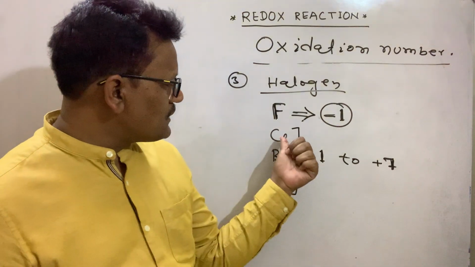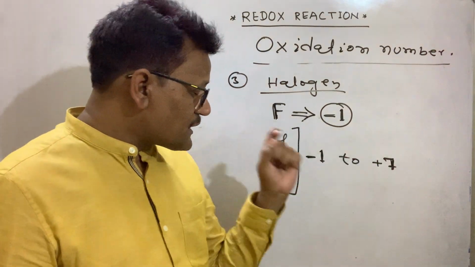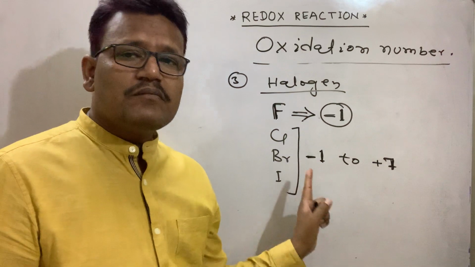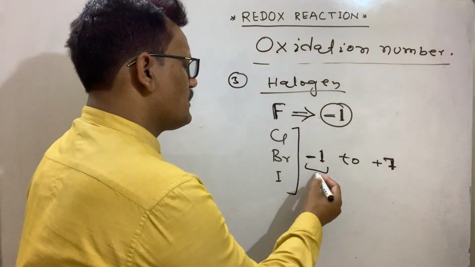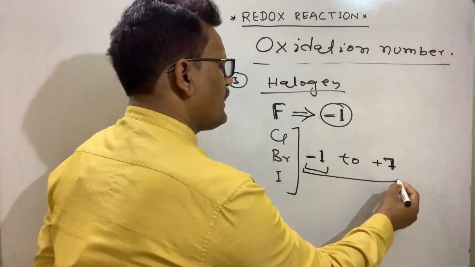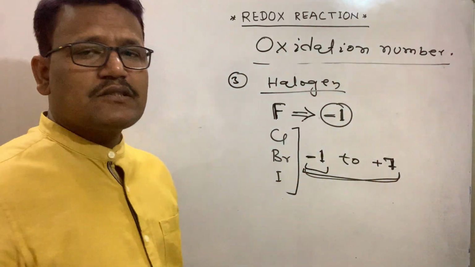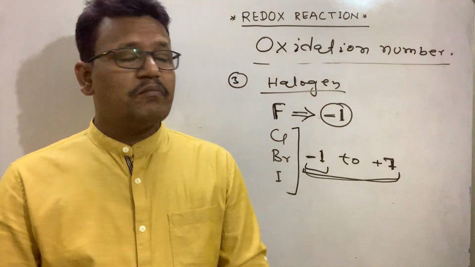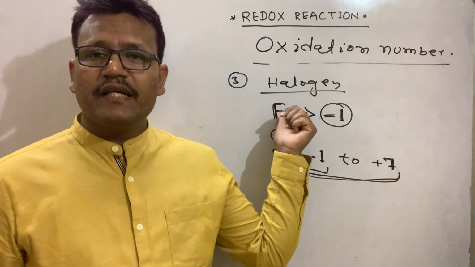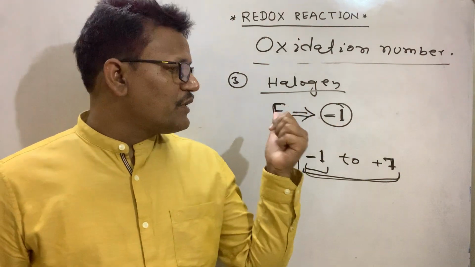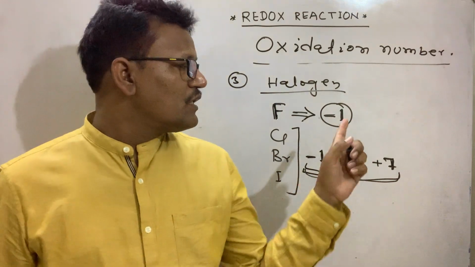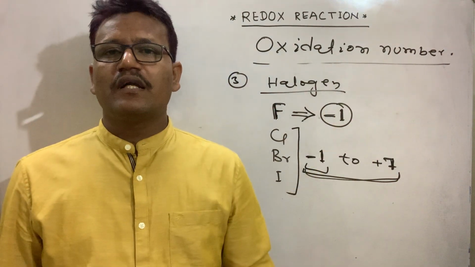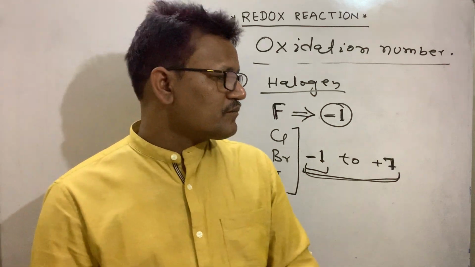So its maximum oxidation number or state will be +7, and minimum will be -1. That is, we have a range from -1 to +7 in case of halogens. But in case of fluorine, we have only one oxidation number, -1. Fluorine has always -1 oxidation number.